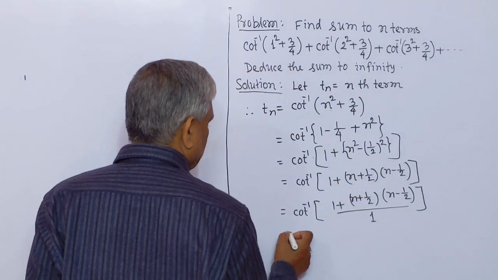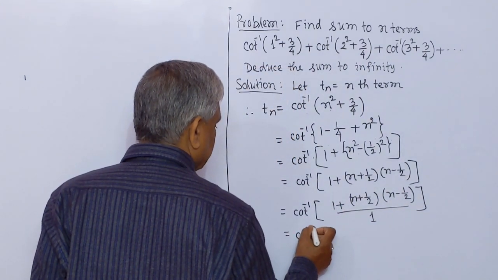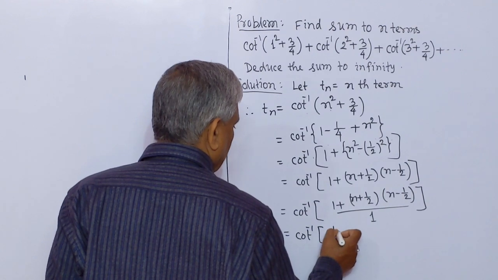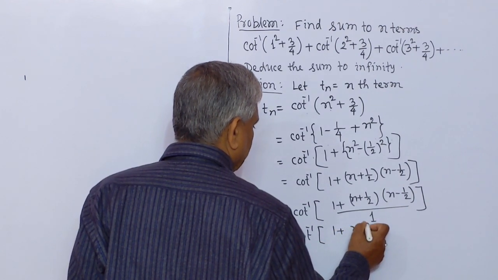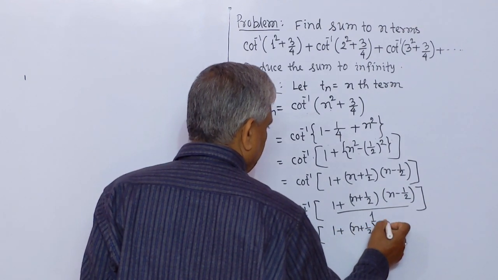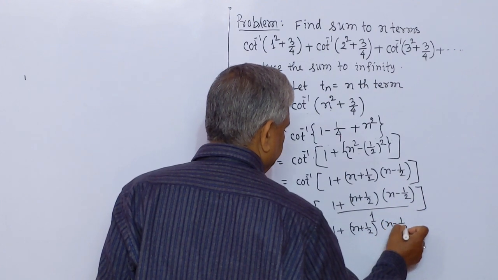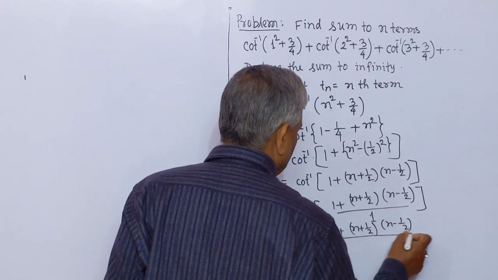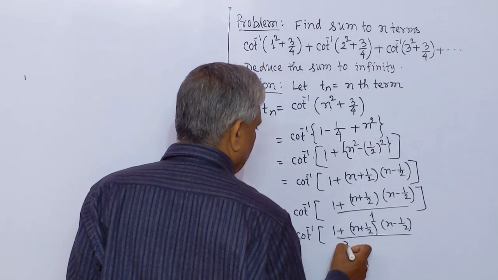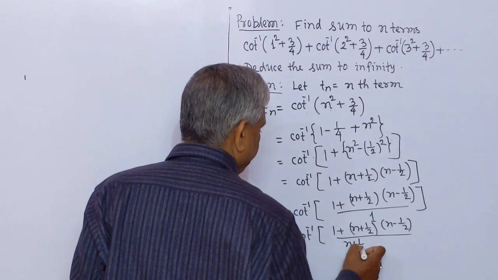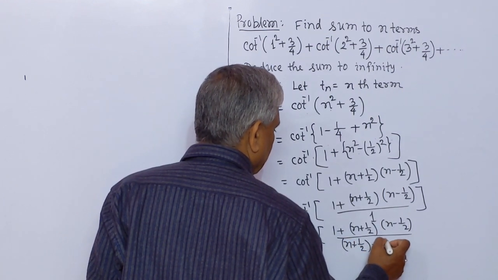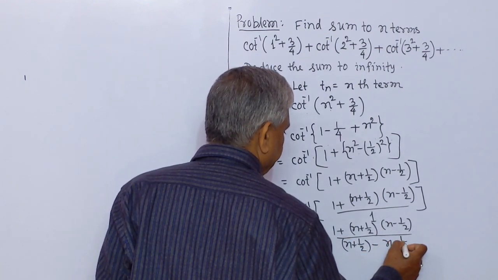We may write this cot inverse 1 plus (n plus half)(n minus half) by (n plus half) minus (n minus half).